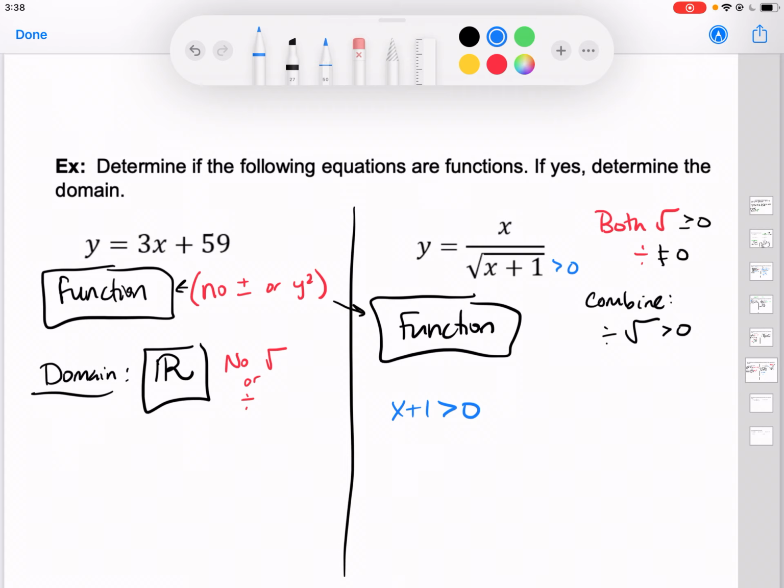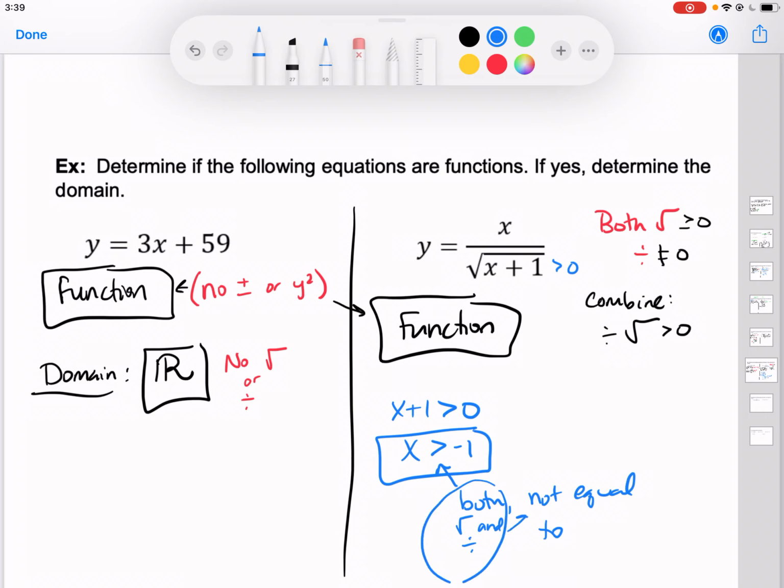I'll subtract 1 from both sides, and x is greater than negative 1. So when it's both, it's not equal to. So both division and square root. Okay.